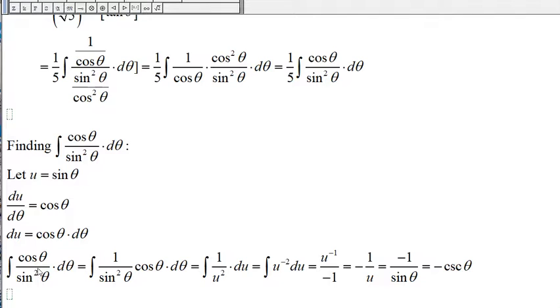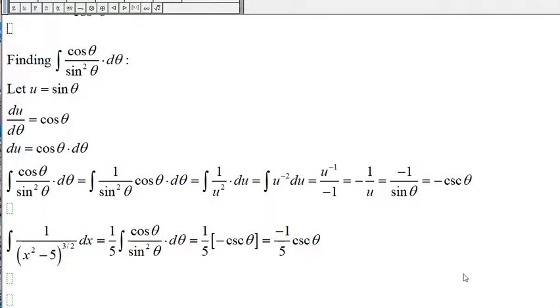So this integral is negative cosecant of theta. And so we have the original integral is equal to negative 1/5 cosecant of theta.